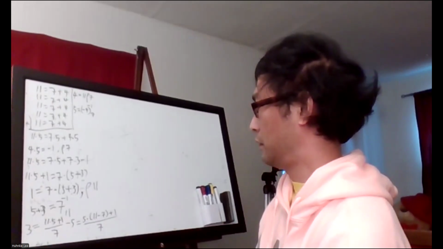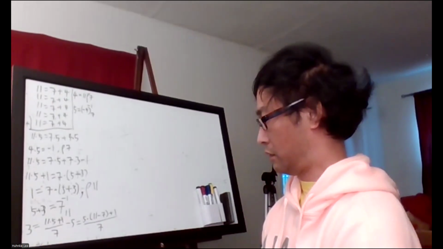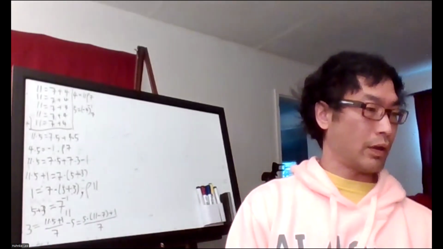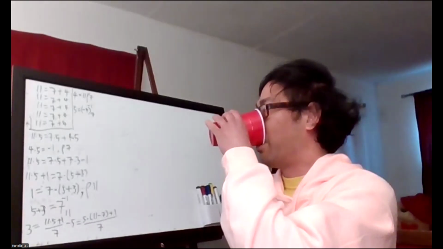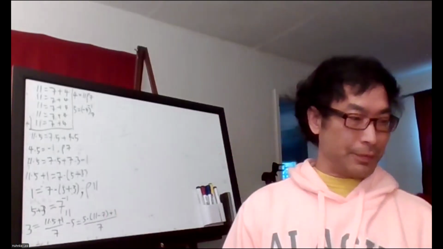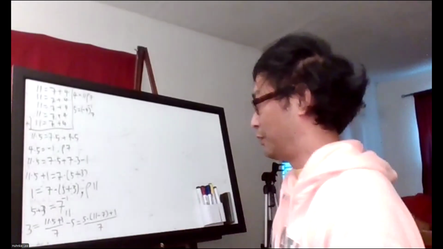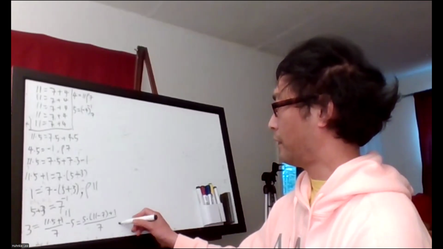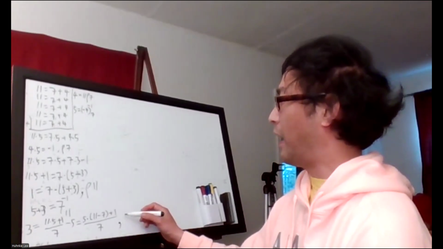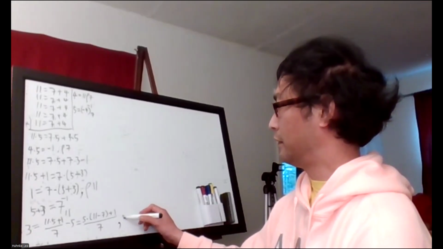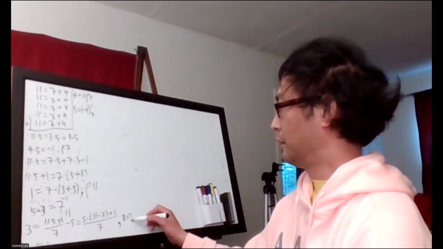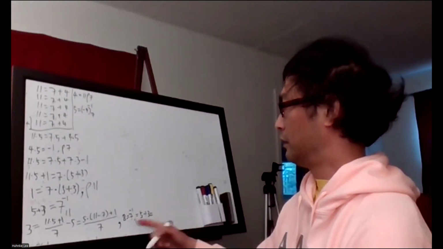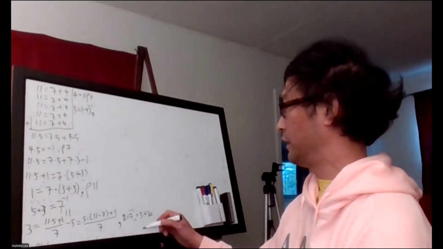7. Okay, let's go review what we did before. Okay, and finally, 5 plus 8, 3, 8. The 7 inverse mod 11 is 5 plus 3. We got 3 over there, so 5 plus 3.